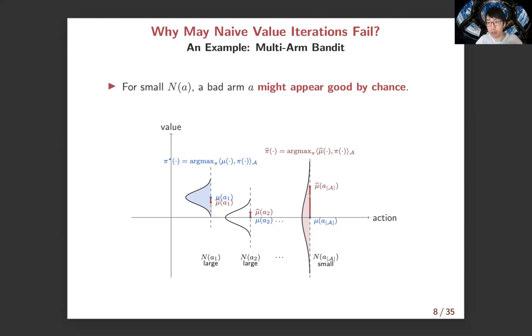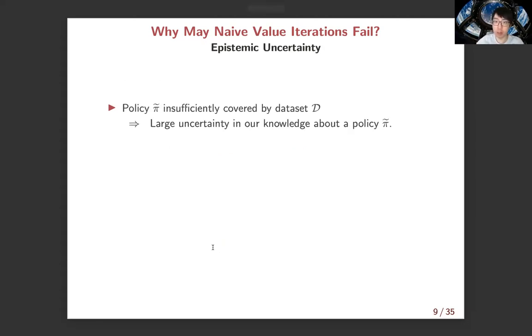And if I'm optimizing over different actions, then probably I will think this action will be the best, but it is indeed not, because my best action is the first arm. Okay, so this kind of situation will be very common if I have a lot of arms, and for several arms, my sample size is very low. So this is essentially the fundamental challenge.